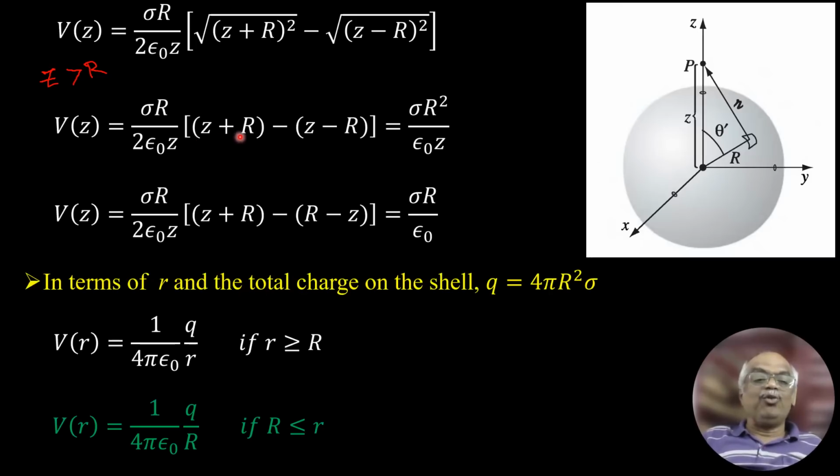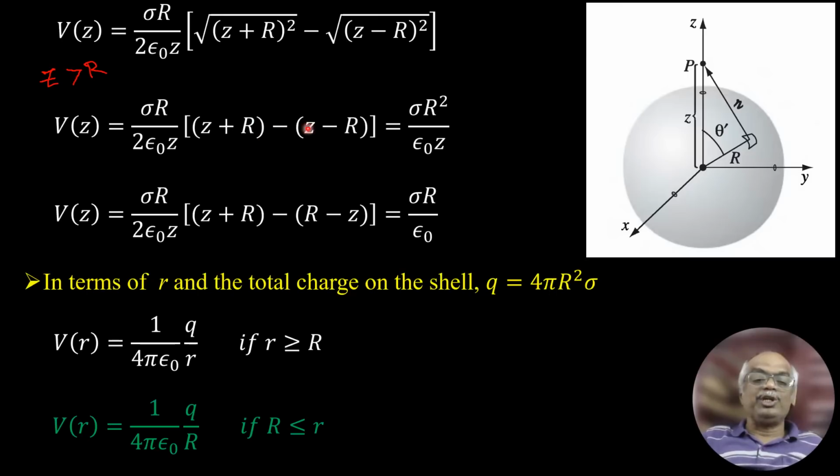There is no problem with the first term. So now what will happen when z is greater than r? This r is the radius of the sphere. Z is greater than r means this is outside. So at outside, if you add these two and subtract this term, there is a negative sign.